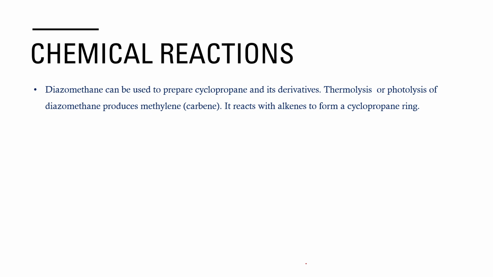we can use an alkene and diazomethane to prepare a cyclopropane and its derivatives.